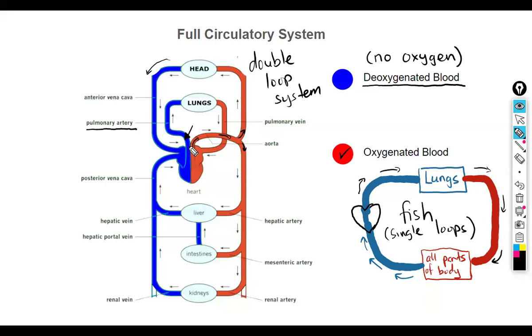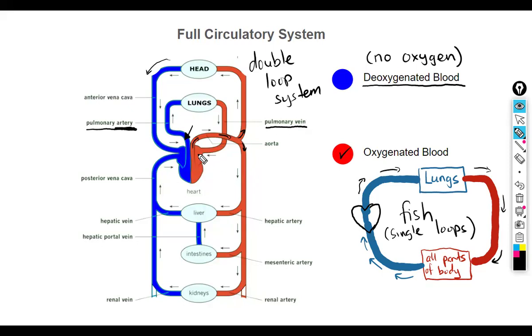When the blood first leaves the heart, that artery is called the pulmonary artery. When it returns back to the heart for the first time, it does so via the pulmonary vein. Remember, when blood is returning to the heart, it's called a vein.